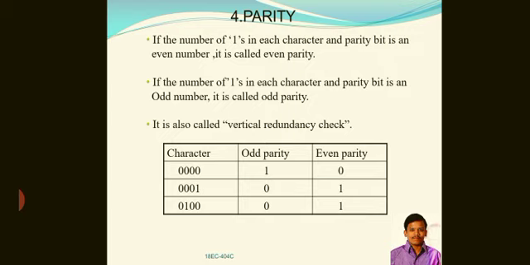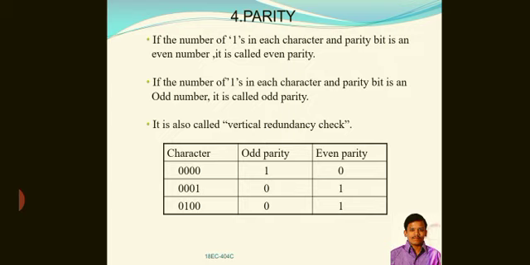Similarly, the second character is 3 zeros and 1. There is already an odd number of ones, so the extra bit will be 0 in the odd parity method. In the even parity method, to make it an even number of ones, we have to add 1 extra bit, as you see in the table.